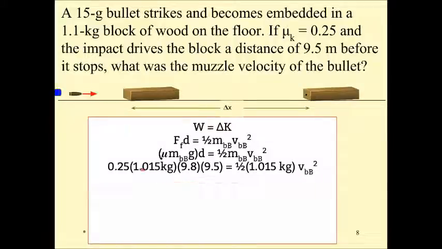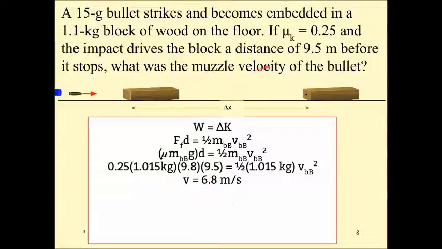My suggestion is to just leave the masses out on both sides because they cancel, and then it's just 0.25 times 9.8 times 9.5, and then divide it by 1/2, and then square root. So pause it and do the math on that. You then get 6.8 meters per second.